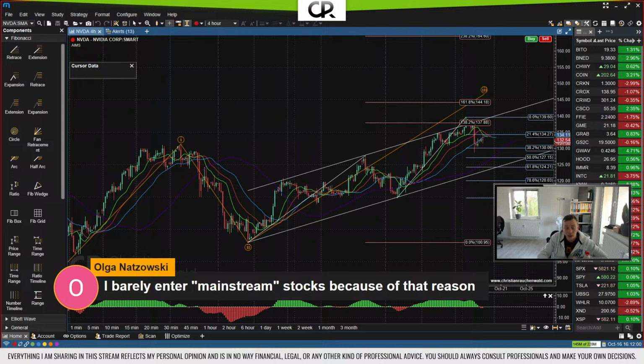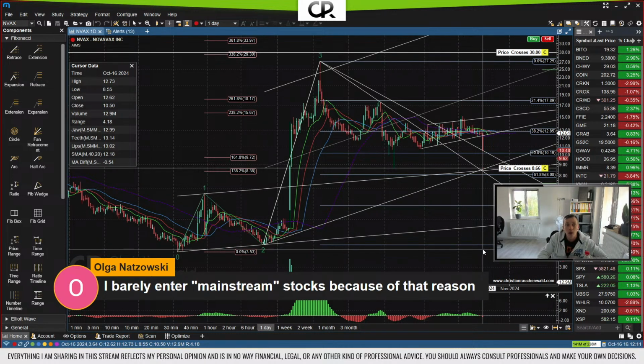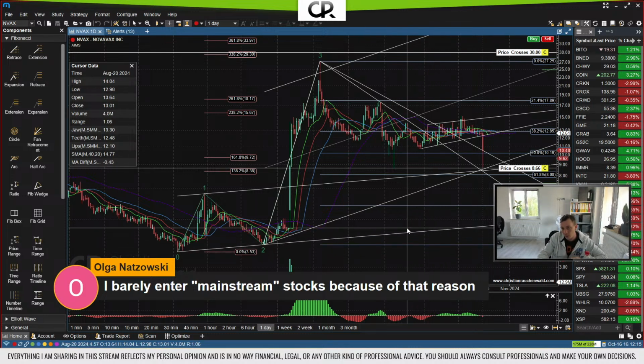And then obviously in the mainstream stocks, it also applies very well because there again, you have a bigger group of people. Whereas if we pick smaller stocks with smaller volume and less people that are actually trading it, then the chances that the pattern becomes invalid or that there is no visible pattern at all are higher.